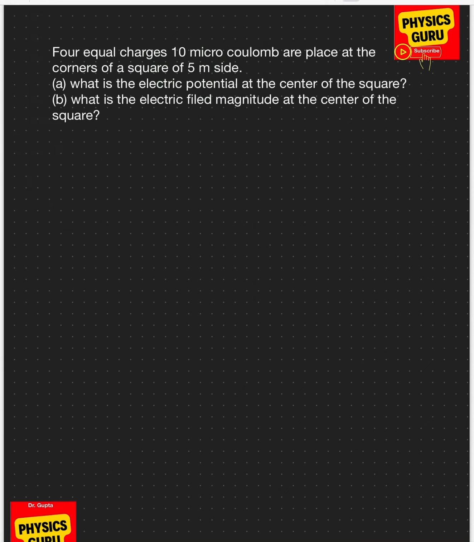So in this problem here, we have 4 equal charges. And the side is given, 5 meter. Let's say one charge is here, here, here, and here. And all you have to find out is the electric potential and electric field at the center.